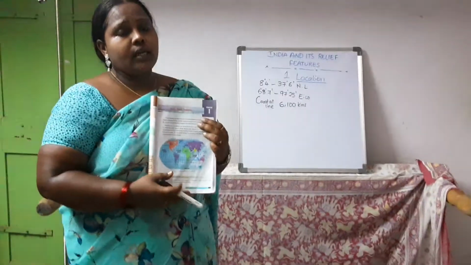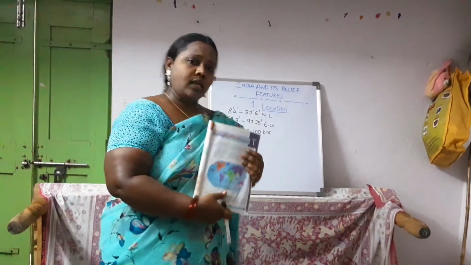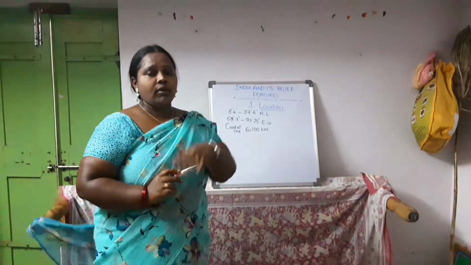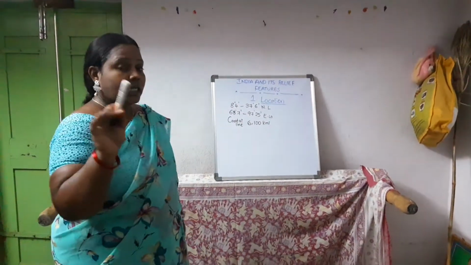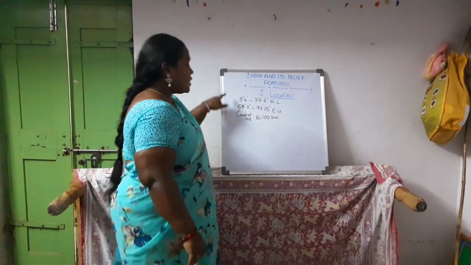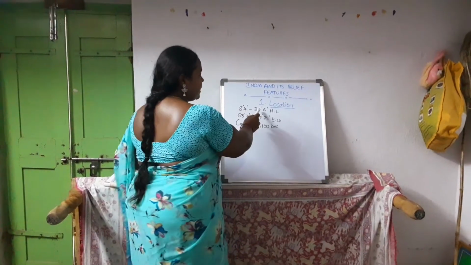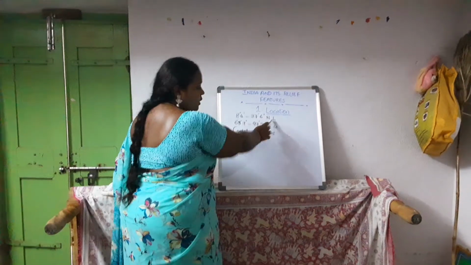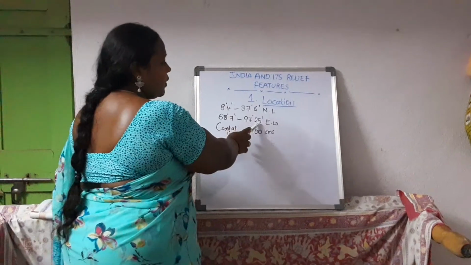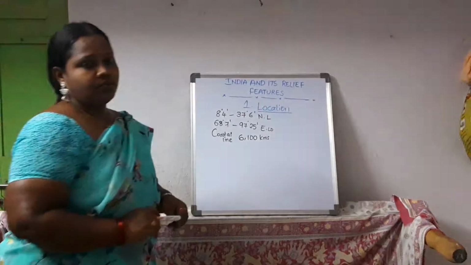So, where is India? You say on the map. On the map we can easily identify India. But how can you say exactly where India is located? When we come to the location of India, it is located between certain latitudes and longitudes. We can say it is located between 8 degrees 4 minutes to 37 degrees 6 minutes north latitude and 68 degrees 7 minutes to 97 degrees 25 minutes east longitude.